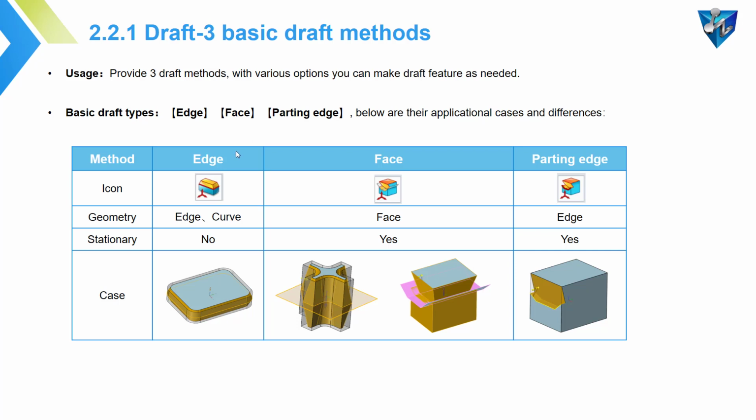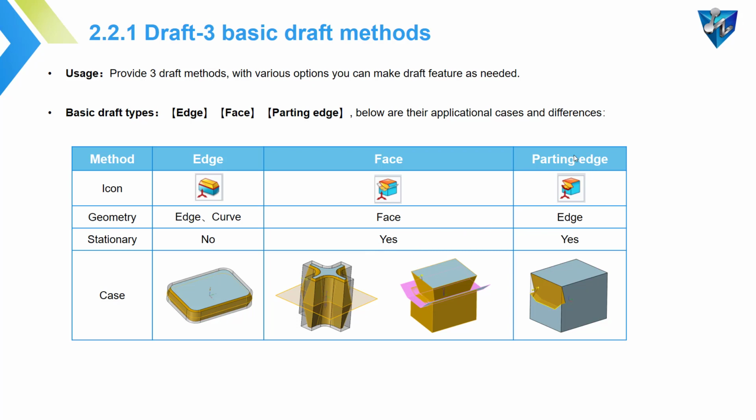Now let's see the first one, edge. For draft by edge, the draft geometry can be edge and curve, including a parting curve, and there's no stationary geometry. For the face draft, the draft geometry is one face or multiple faces, and there is a stationary plane or surfaces in the face draft method.